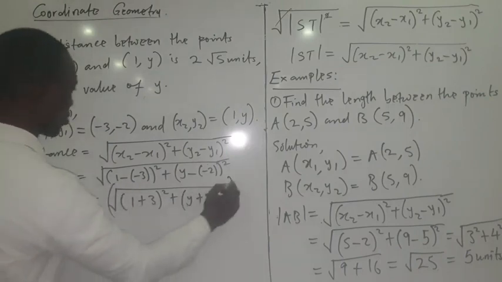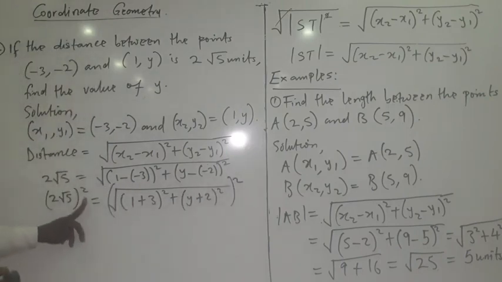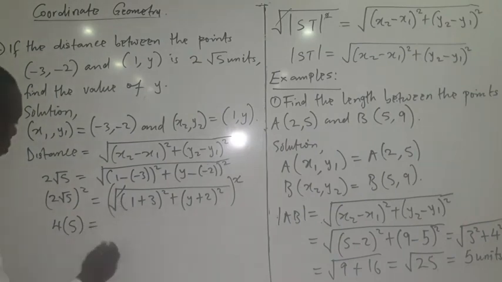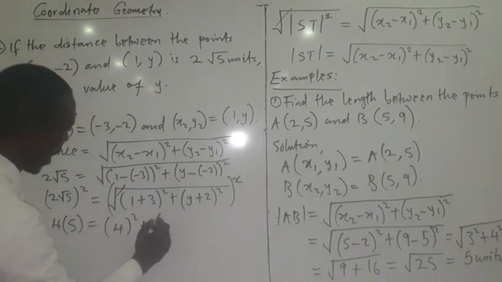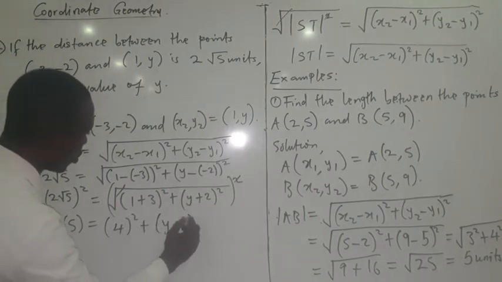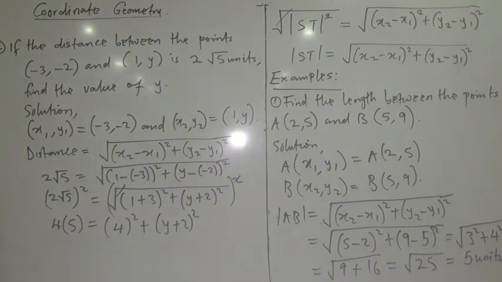The square on the outside cancels the root. So 2 squared is 4, multiplied by the square root of 5 squared, which is 5. So we are left with (1 plus 3) which is 4 squared, plus (y plus 2) squared.